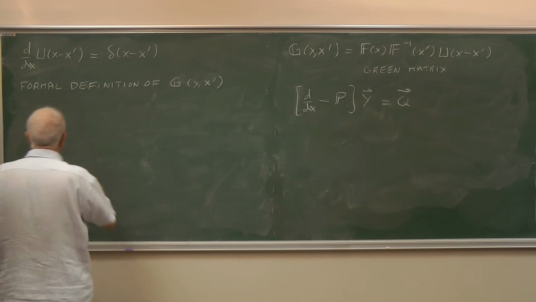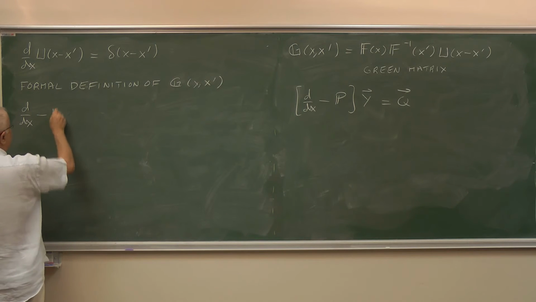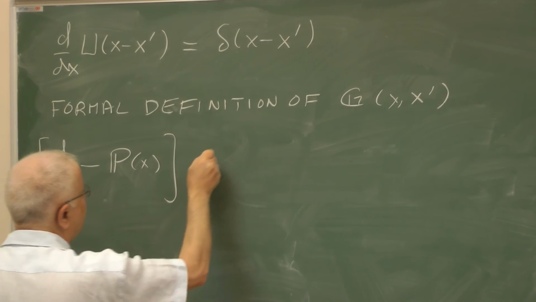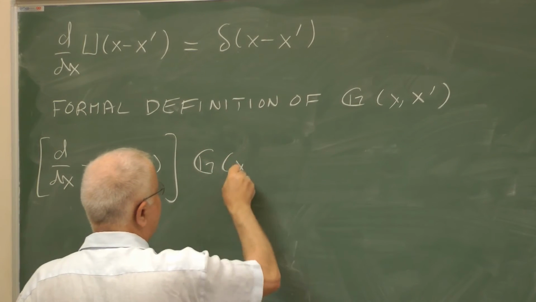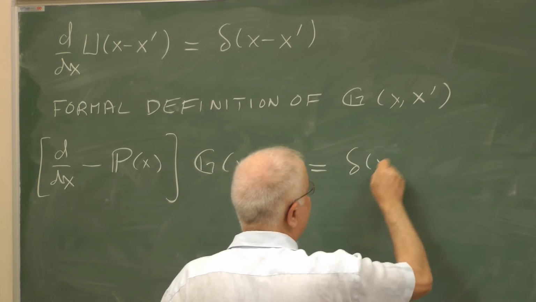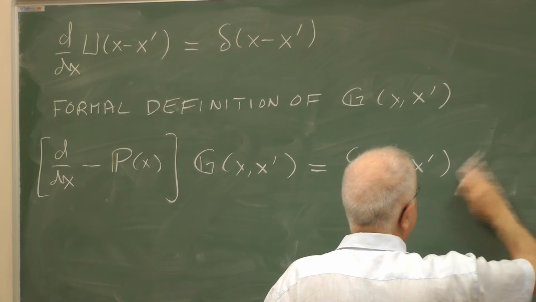The formal definition would be: d dx minus p of x hitting on Green's matrix gives us the delta function times identity.